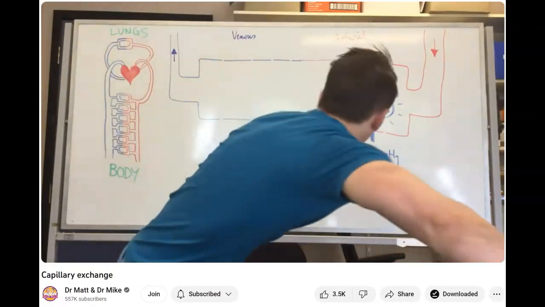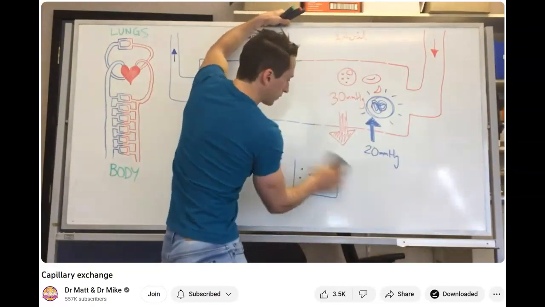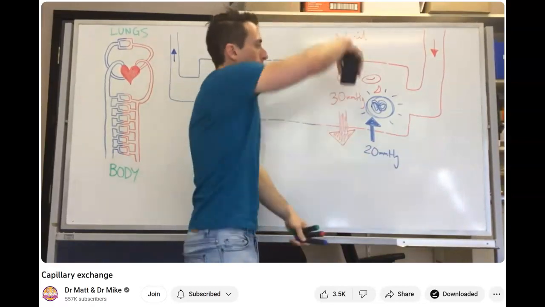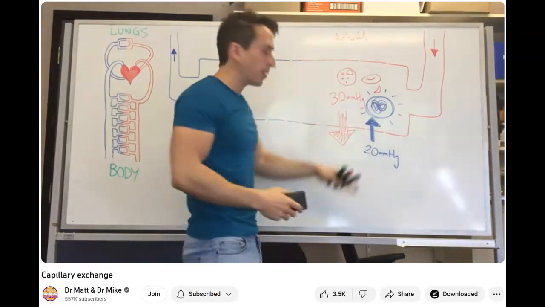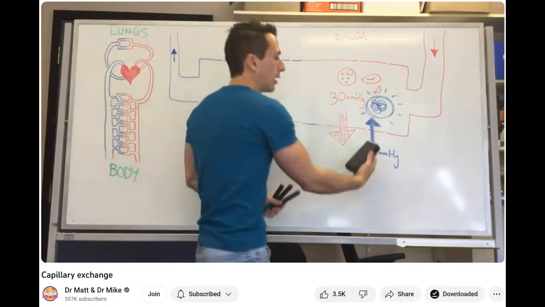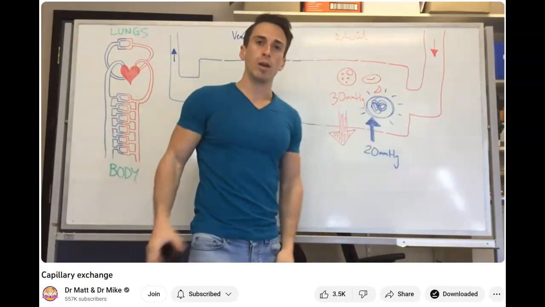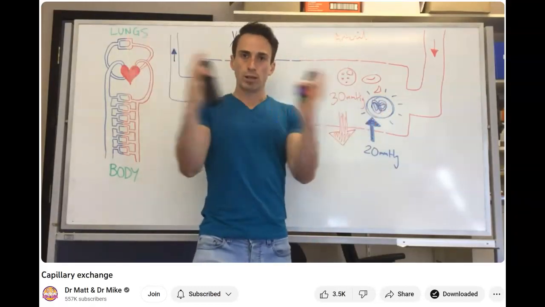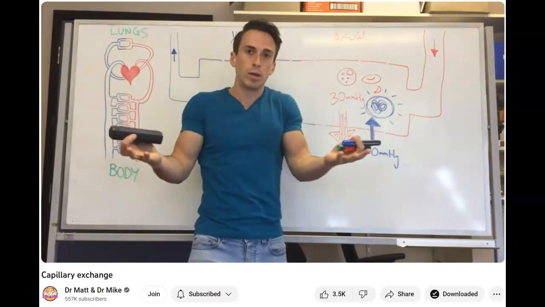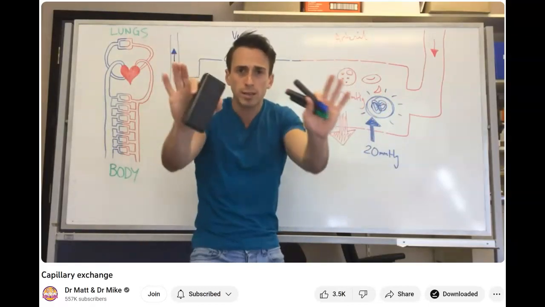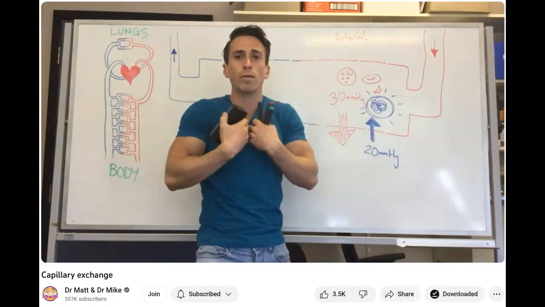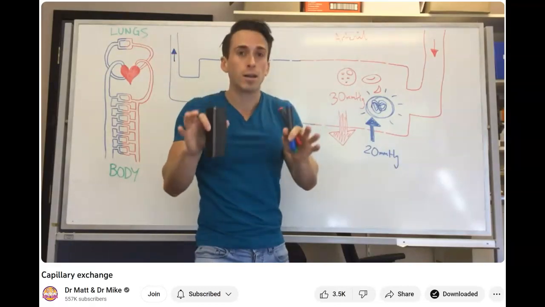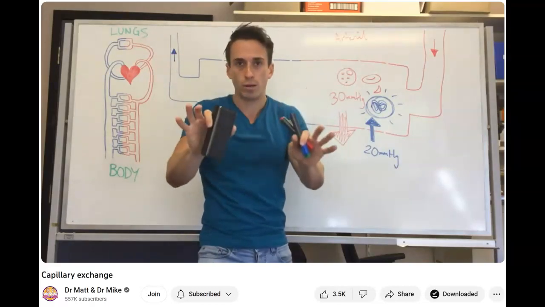Now, I want you to have a look at this. We have a push out of 30 millimeters of mercury and a pull in at 20 millimeters of mercury. When you have two pressures opposing each other, the stronger pressure will always win. What if you have two people pushing against each other and you say to one of them, push harder than the other person? That person's going to win. Okay?